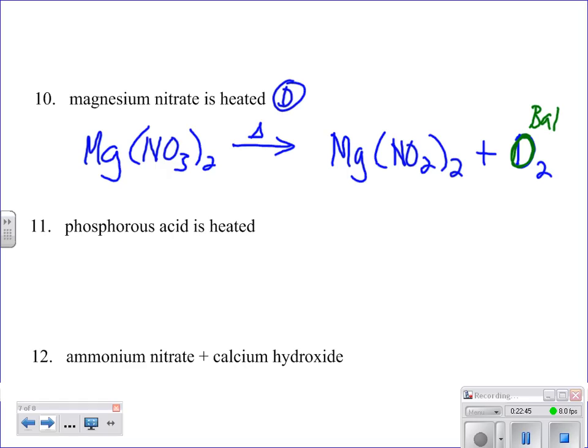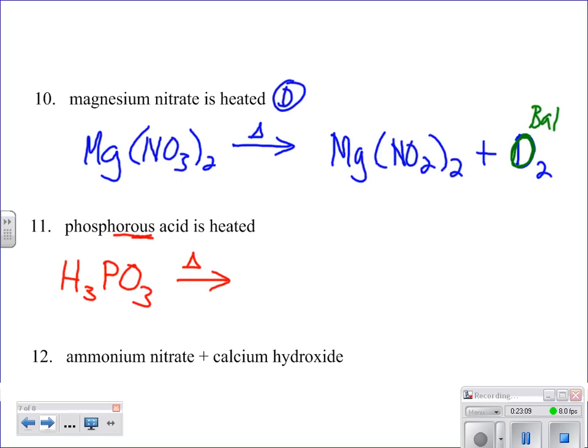That's an O2. Okay, phosphorous acid is heated. Tricky part on this is just remembering how to write these formulas. So phosphorous acid, what would you say? H3PO3, because this comes from your phosphite.